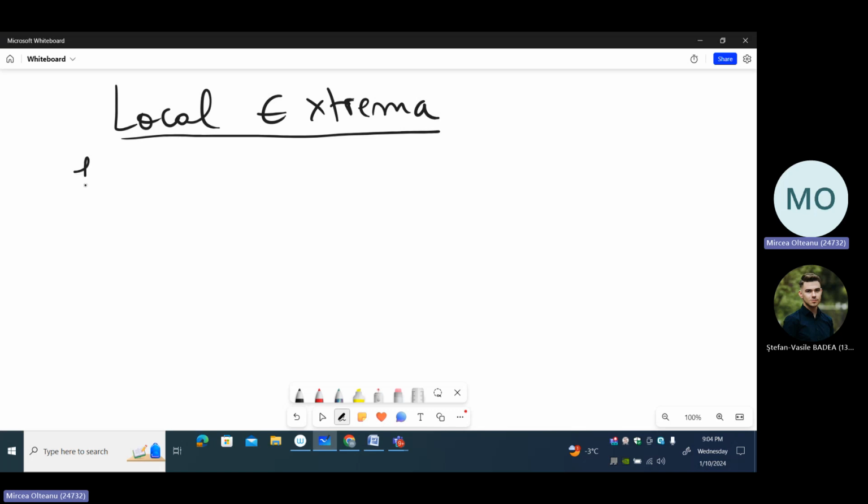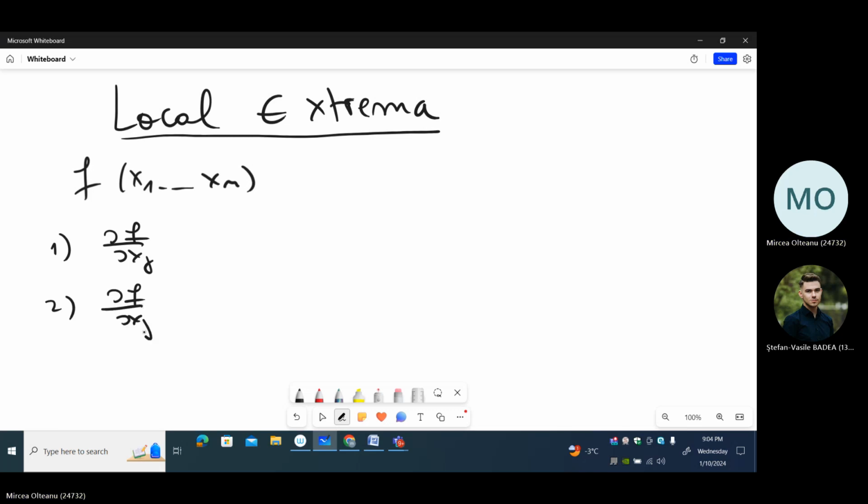So first of all, if we have a function of several variables and we want to compute its local extrema, the main steps are: first, compute the partial derivatives, then solve the system which gives us the critical points.